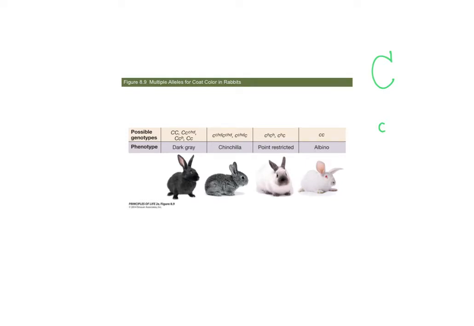But in this case, we have more than those two alleles. We also have the lowercase c with the superscript CHD, or the lowercase c with the superscript lowercase h. So there are multiple forms of the lowercase c allele. This is a good example of multiple alleles.